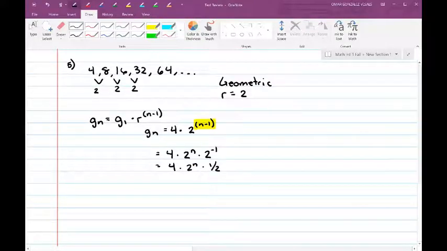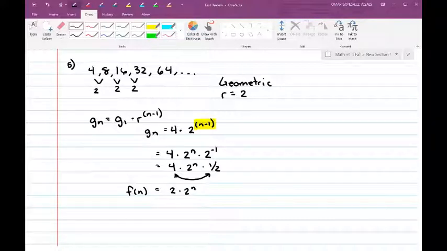I don't think very many of you guys lost points on that one. And then when you multiply these two, you got 2 times 2 to the power of n, and that's your nth term function. Okay, some of you guys left it as 4/2, which on the retake I'll be more strict with. If it's a number that can be reduced, reduce it. Okay, so I give you the points.